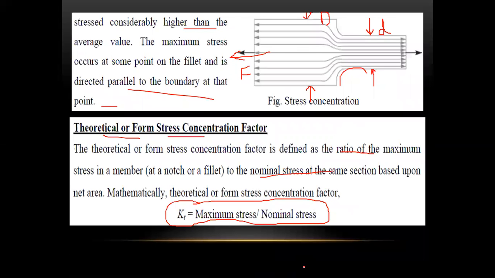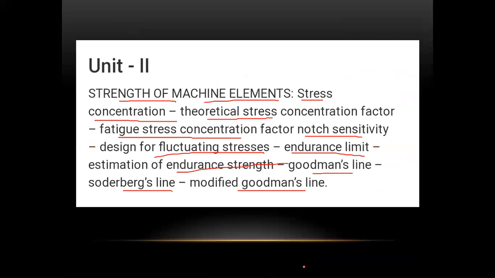So practice the problems given in this video. Okay, so whatever concepts we have discussed in unit 2, we have completely discussed the design of fluctuating stresses, endurance limit, estimation of endurance strength, problems related to Goodman's line, Soderberg's line, and the modified Goodman's line, right?